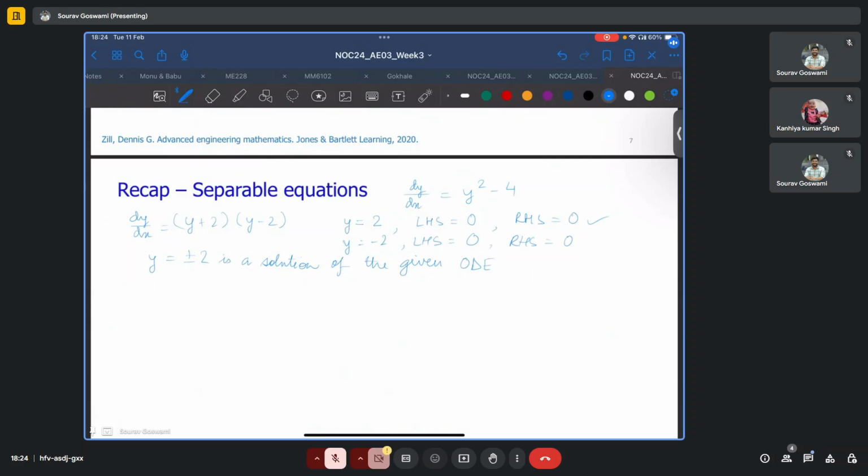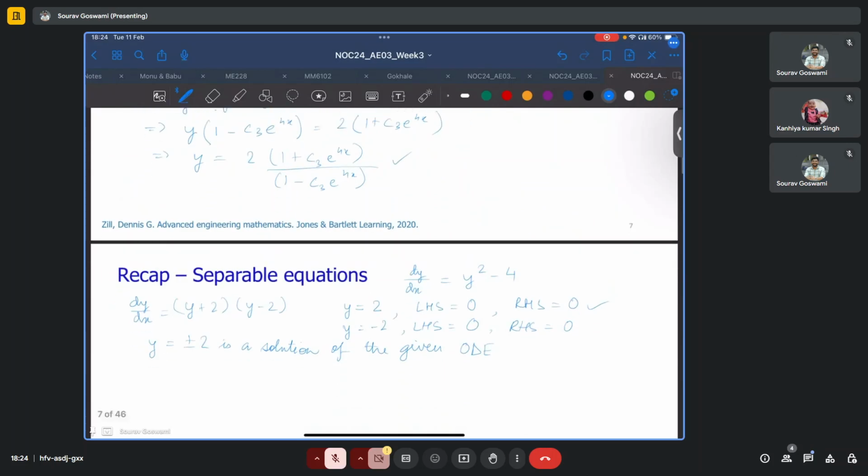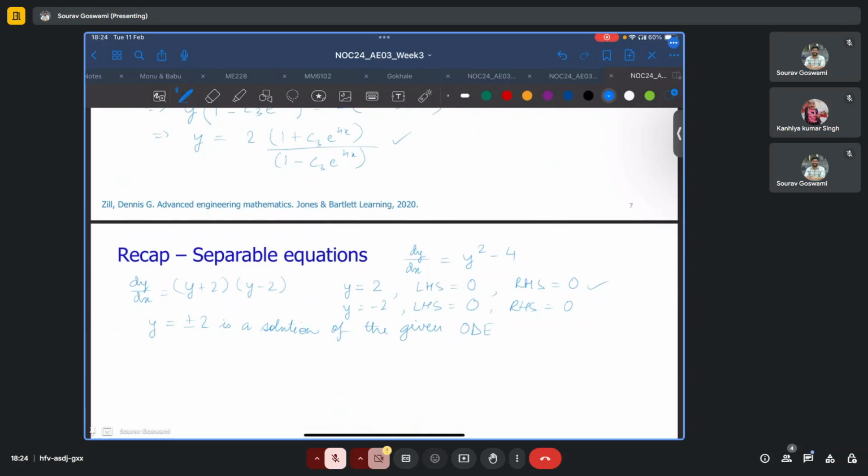Now that we know that y equals plus minus 2 is the solution, and we have found the general solution, we should also be able to obtain those from this general form. Let us try to see if that is possible. For y equals 2, you have 2 equals twice (1 plus C3 e^(4x)) by (1 minus C3 e^(4x)), or 1 plus C3 e^(4x) equals 1 minus C3 e^(4x).